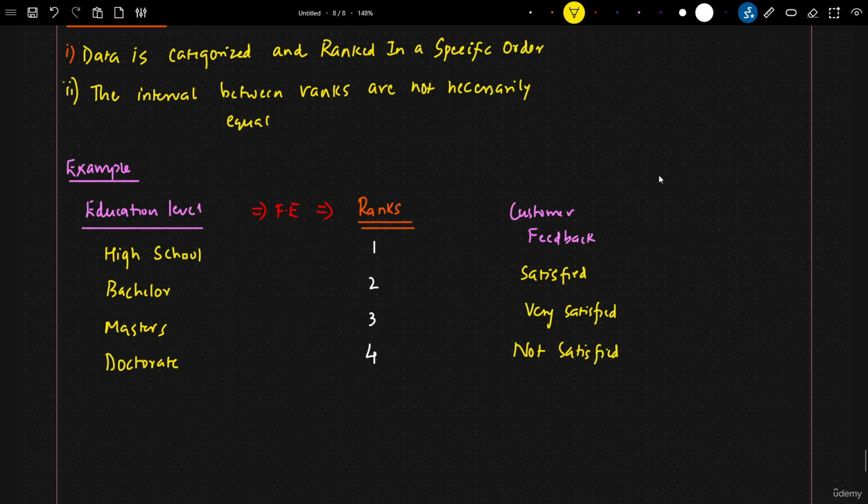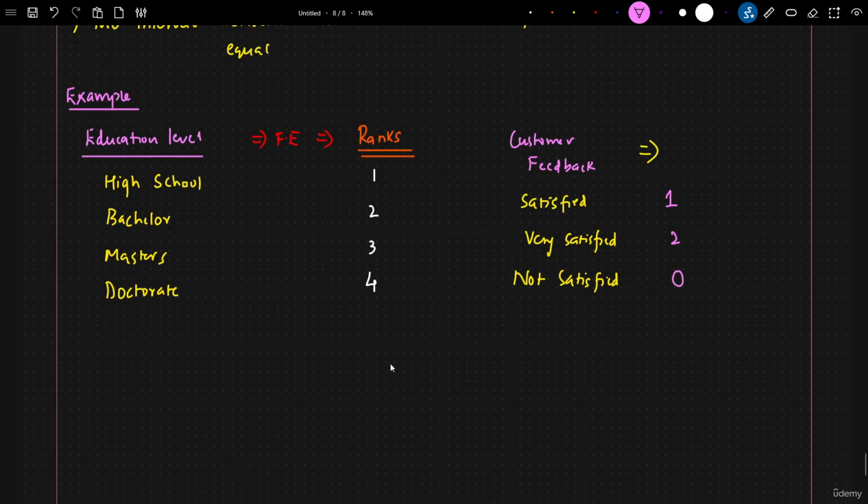So with respect to these three, I can again assign ranks. When I say very satisfied, this should be given the highest rank, then satisfied, then not satisfied, right? So if I'm starting from 0, this kind of ranks we can specifically give.